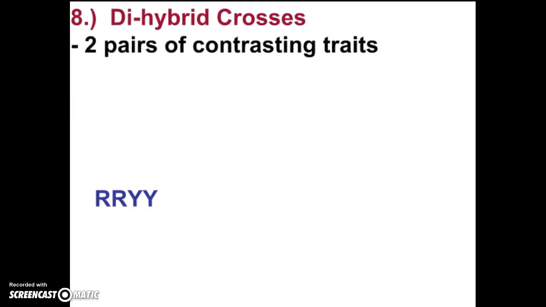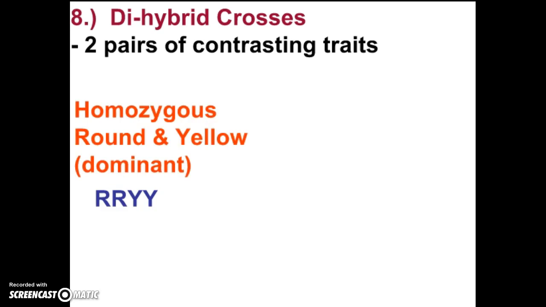So, dihybrid crosses. Here we're going to take a look at two pairs of contrasting traits. We will, again, copy what Mendel did for our first example and then go into some more realistic examples. So we are going to take a homozygous round and yellow pea plant.